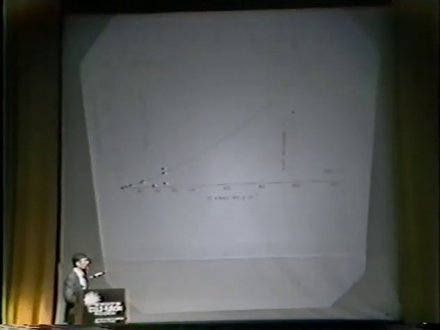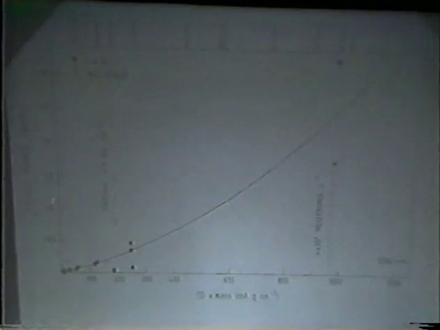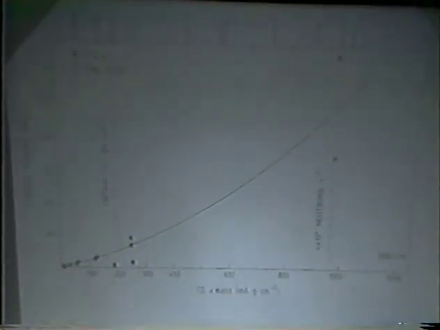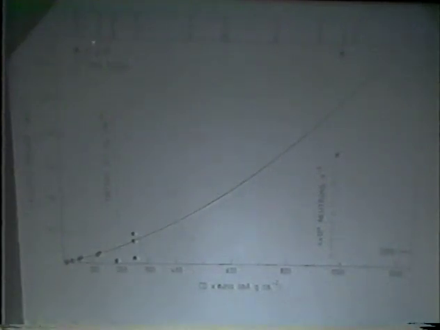shows you how we compare with Fleischmann and Pons as for the various electrochemical and chemical parameters. I have plotted the excess power that's extracted from table 1 in their paper, and I have plotted that assuming that we have a bulk effect against the current density times the mass of the electrode. Okay, this is the resulting curve. The black dots are the data from Fleischmann and Pons table, and on the top, the arrows represent the conditions that we've explored in our experiments.